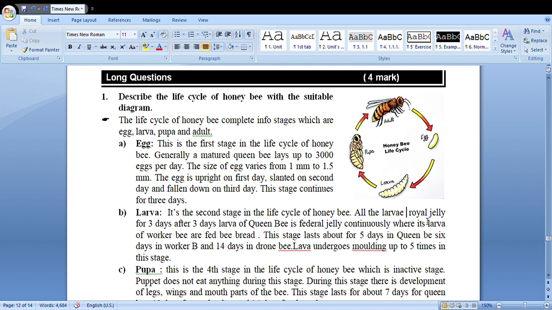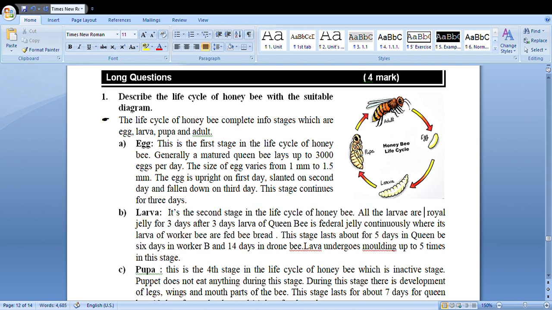All the larvae are fed royal jelly for 3 days.